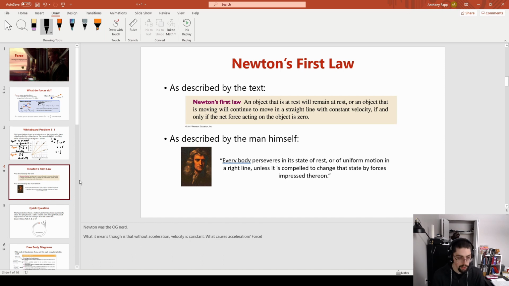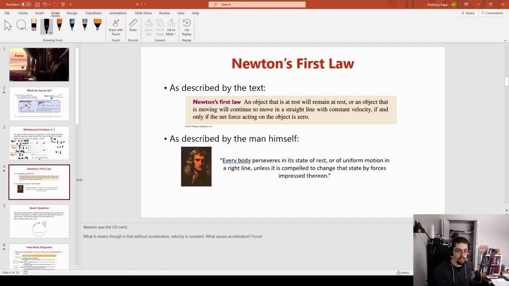So, an object at rest stays at rest. Somebody has to push or pull or do something to that object to change that. If an object is already moving, it's going to keep moving just like it is unless somebody pushes or pulls on that object and changes its movement. You can't change the motion of something unless you act on it with a force.